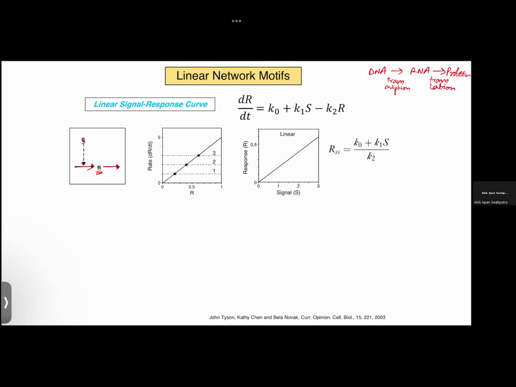If I want to write the differential equation for such a protein concentration, dR/dt will have some basal production rate, its inherent production rate via transcription. Then there will be a k1 S term because of the signal. The signal is helping the protein to be produced. And you have a minus k2 R degradation.